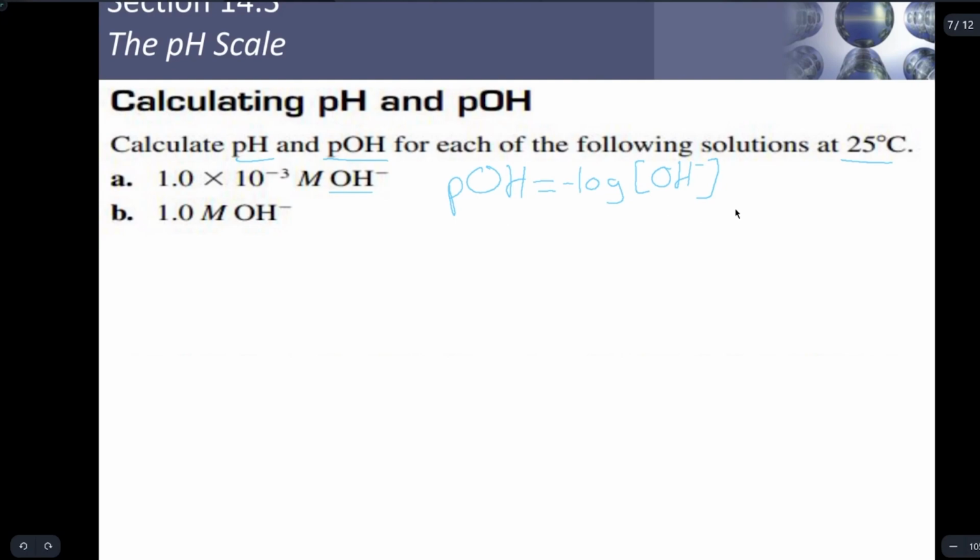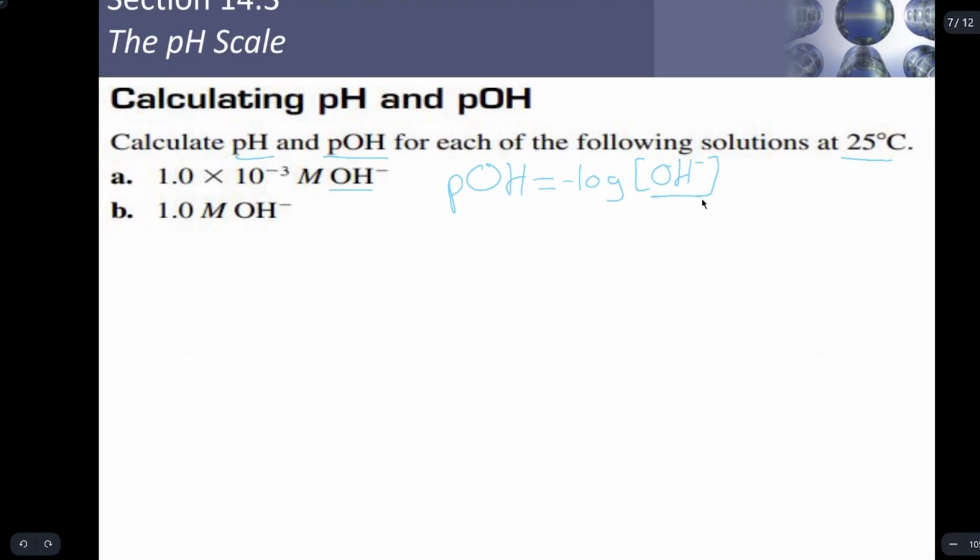When we put this into our calculator, substituting OH for the value given here, we will get that the pOH value is equal to 3. We can also conclude from the formula we took earlier that pOH plus pH will always be equal to 14.